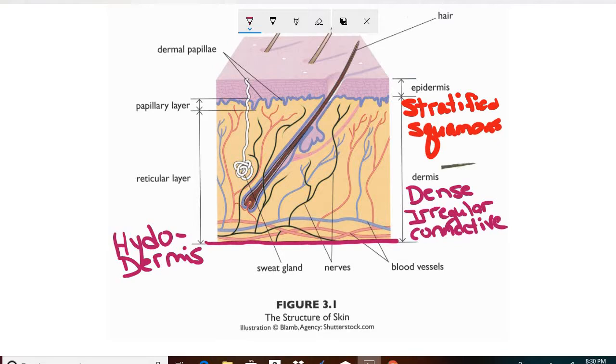Okay, then let's look more closely at the dermis. So let me erase this. You can see on this left side, the dermis is comprised of two layers. This is all dermis over here.